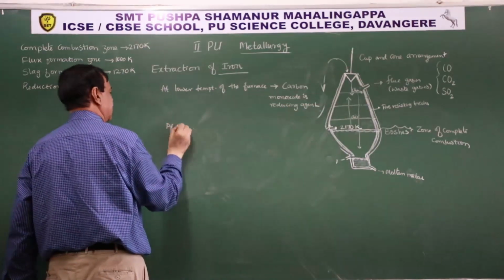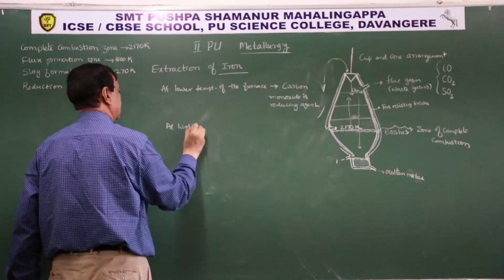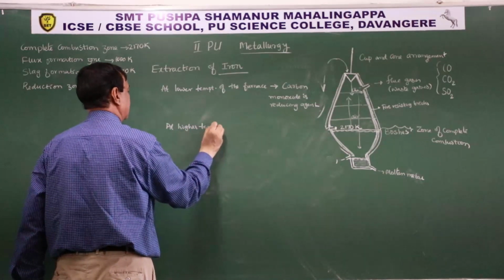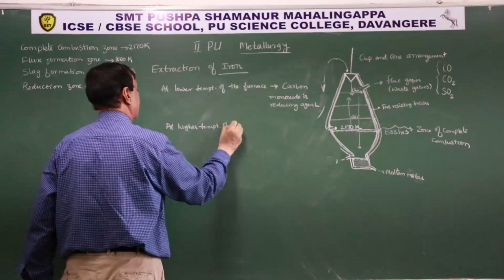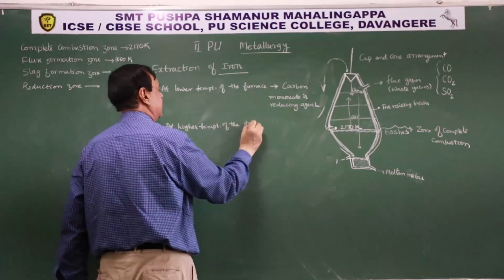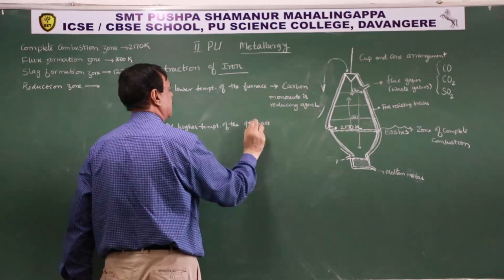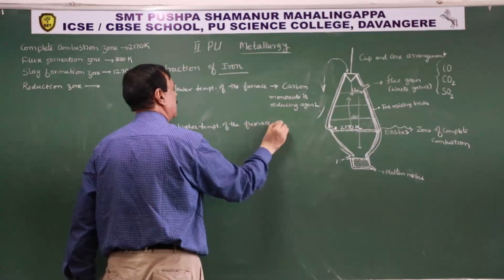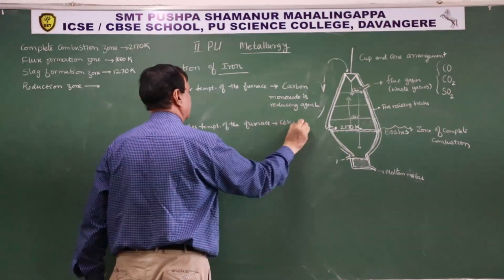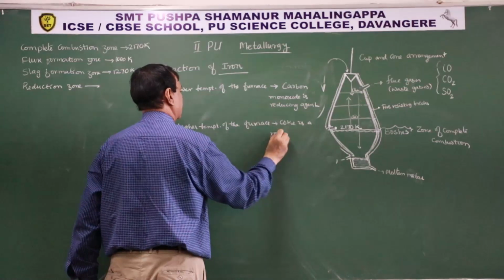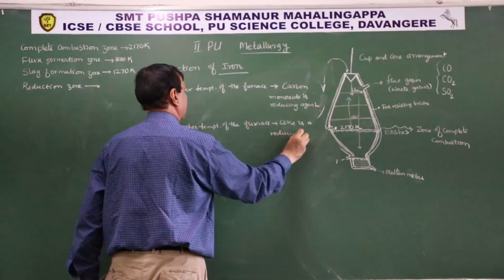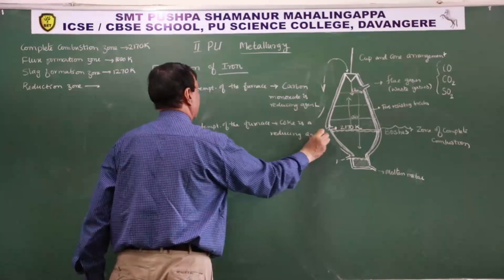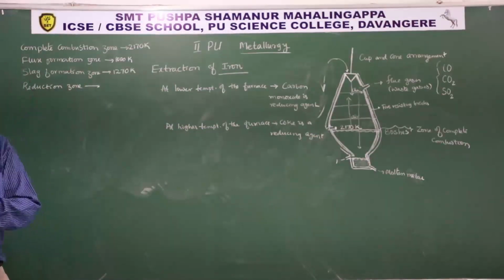At the higher temperature of the furnace, coke is the reducing agent.